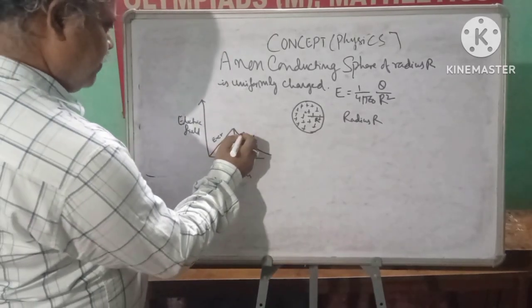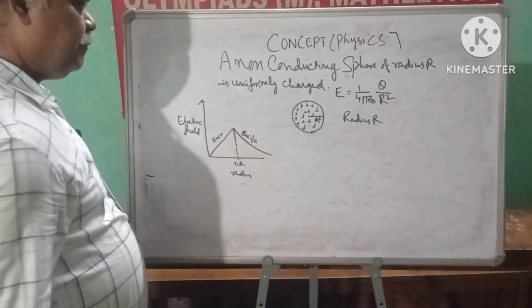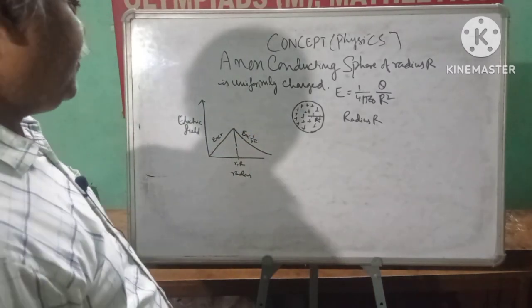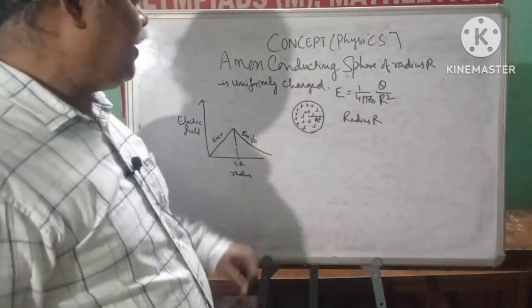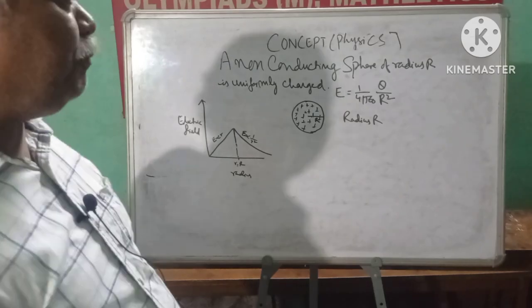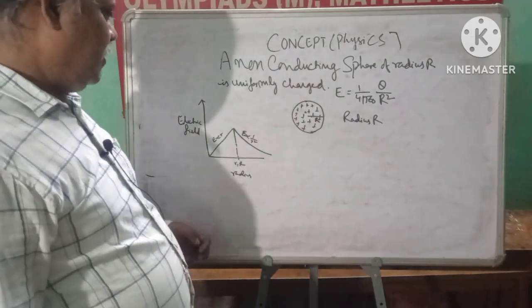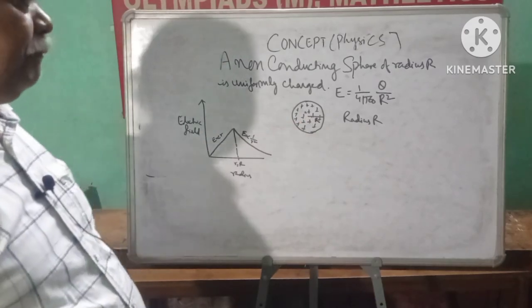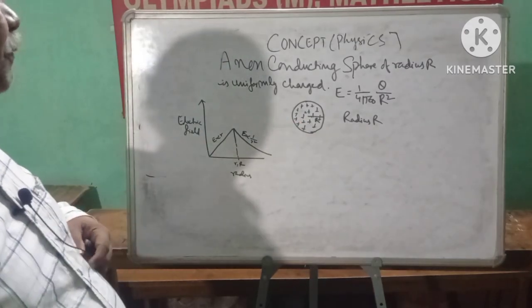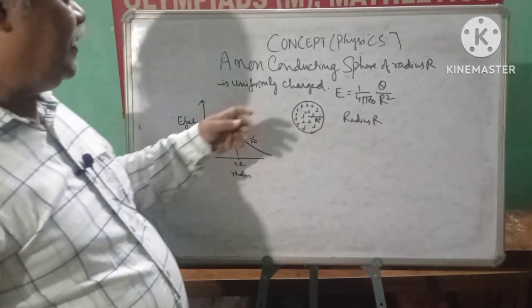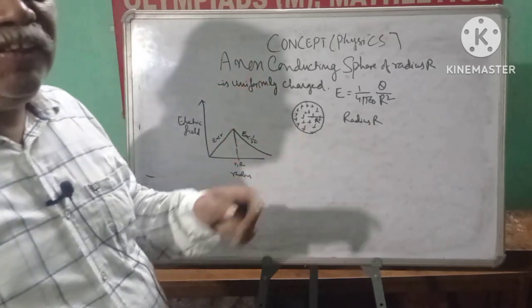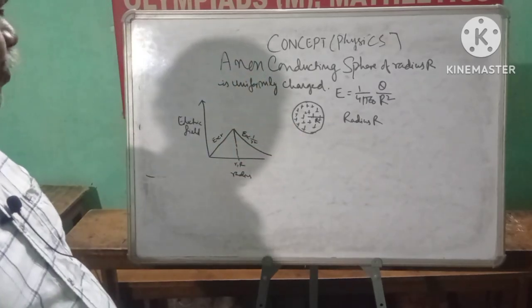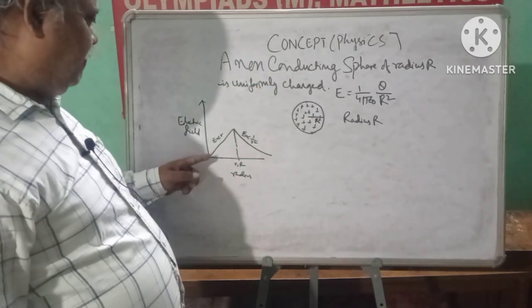So what is the concept? This is a solid sphere. In your mind, how can there be an electric field inside the sphere, because it is a solid sphere? But non-conducting means it is an insulator. So the variation is this.